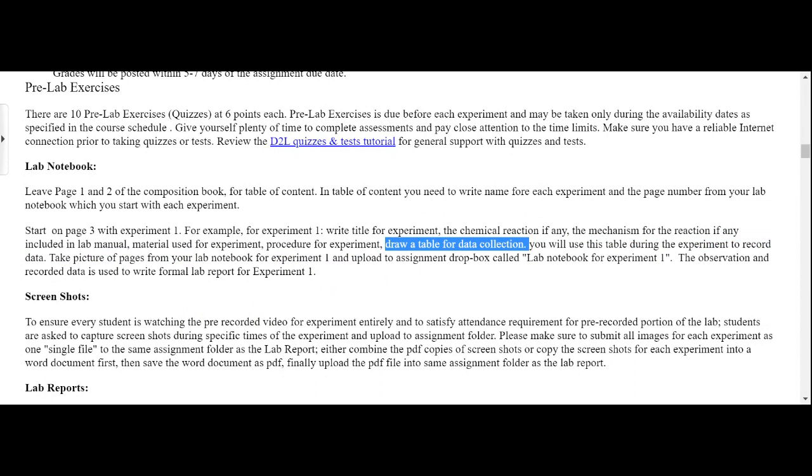So when you read the procedure, you come up with the list of the items that need to be measured, and that's how you draw the table. And that table is going to be ready when you are watching the video of the actual experiment, and you record your data there. That's for the lab notebook.